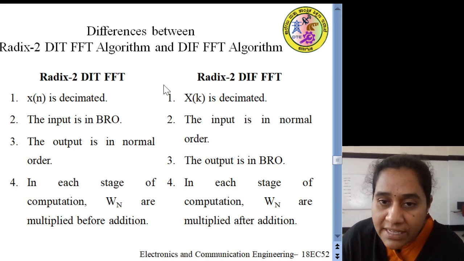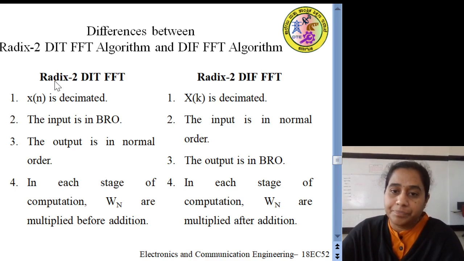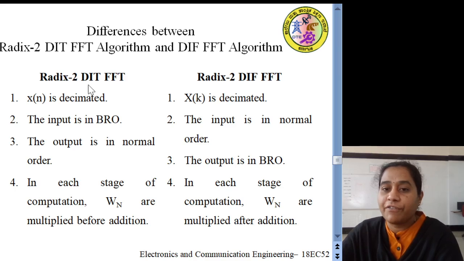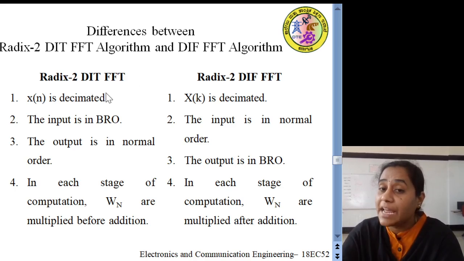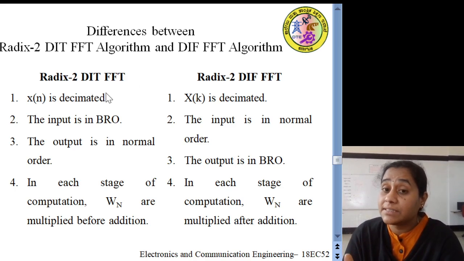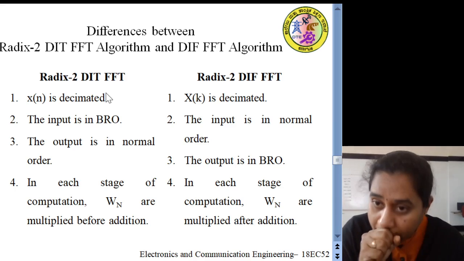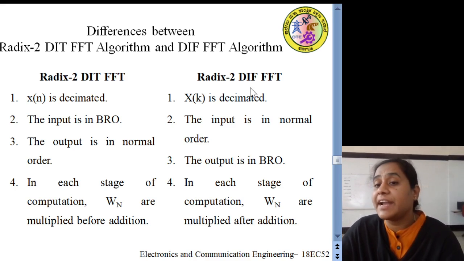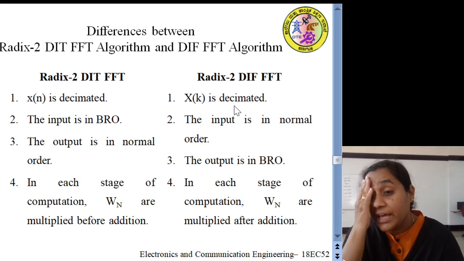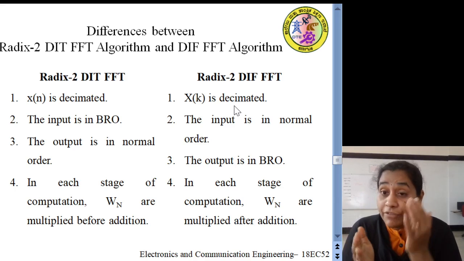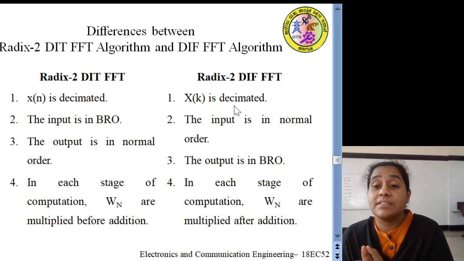In the radix-2 DIT FFT algorithm, x(n) is decimated. That means the time domain samples are decimated here. In the radix-2 DIF FFT algorithm, X(k) is decimated. So here we are splitting the frequency domain sequence.